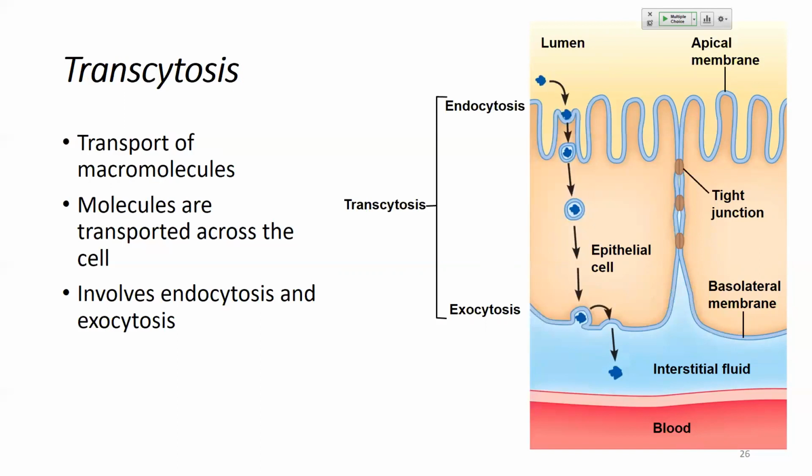Endocytosis would be the engulfing or swallowing, and exocytosis would be the spitting out at the basolateral surface. We're going to see this process very extensively. At the neuromuscular junction, the neurotransmitters are packaged in this way, and we're going to see endocytosis and exocytosis a lot.